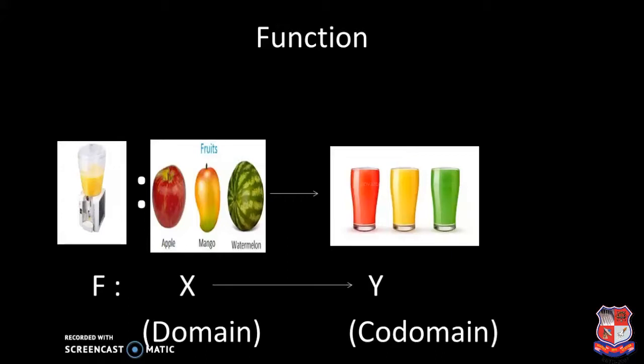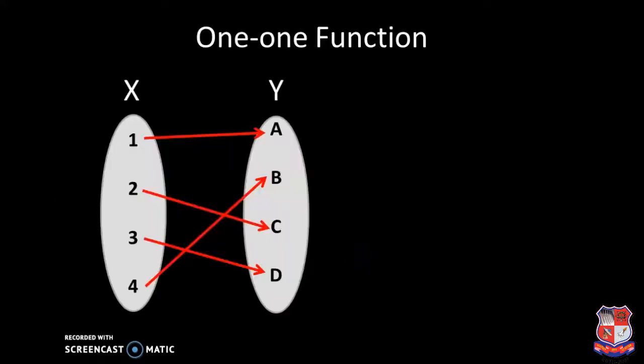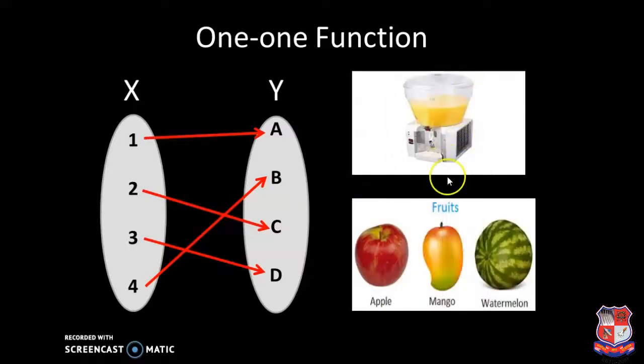Understand this concept beautifully and different types of functions with this example. Now, what is a one-to-one function? We understand by this concept. If you put apple, you will get juice of apple.